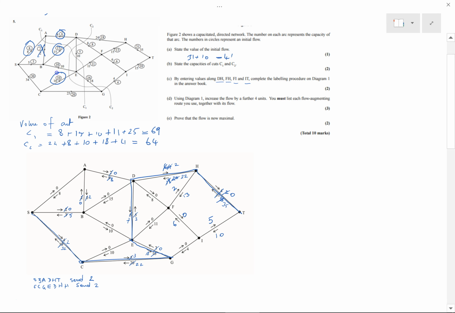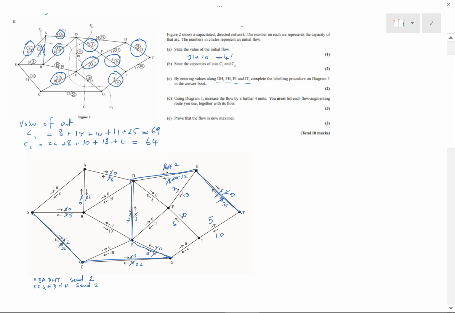This is still at capacity here, and where else? The 15 is at capacity, the 8 is at capacity, and this is at capacity here. This is now at capacity with the 35 that we would have. This is at capacity, and those are the capacitated, and so is the 11.